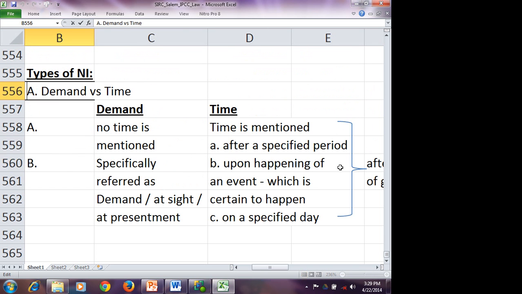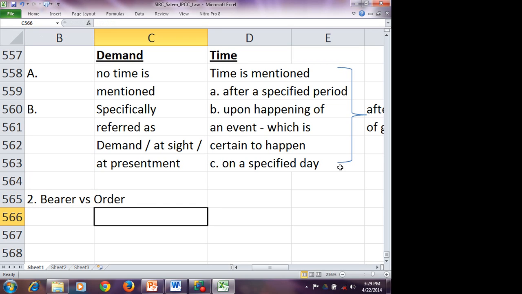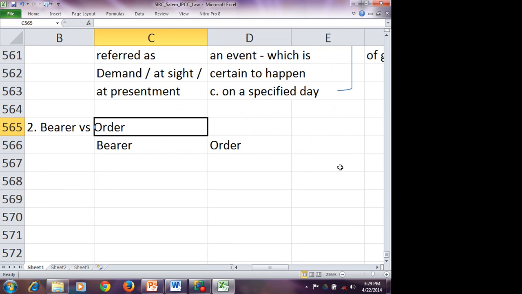Then the second classification is bearer versus order instrument. When is an instrument called a bearer instrument, and when is it called an order instrument?